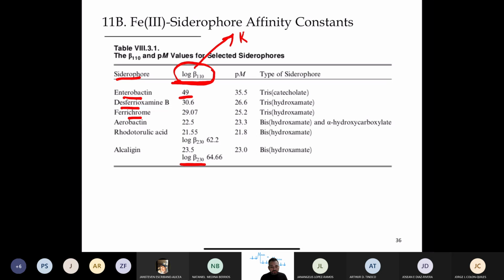But sometimes something that you can't quite appreciate with these numbers is how much free metal can be facilitated in solution. So there's another very related parameter called pM. When you think about pM, you guys are more familiar with pH, right? The log of the protons in solution.